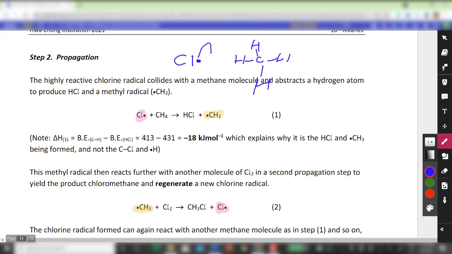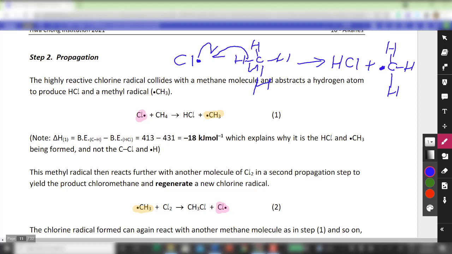So this radical will then combine with one of the H radicals, because the H radical is formed due to the breaking of the C-H sigma bond, or you can view it that the presence of the chlorine radical will induce the breakage of the C-H bond. So in that case, the C-H bond will break homolytically, and in the process, I will get HCl and a CH3 radical. So the CH3 radical looks like this.